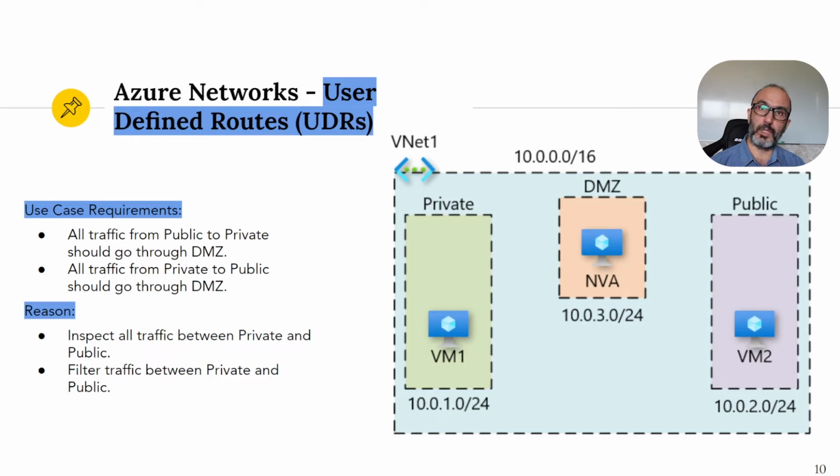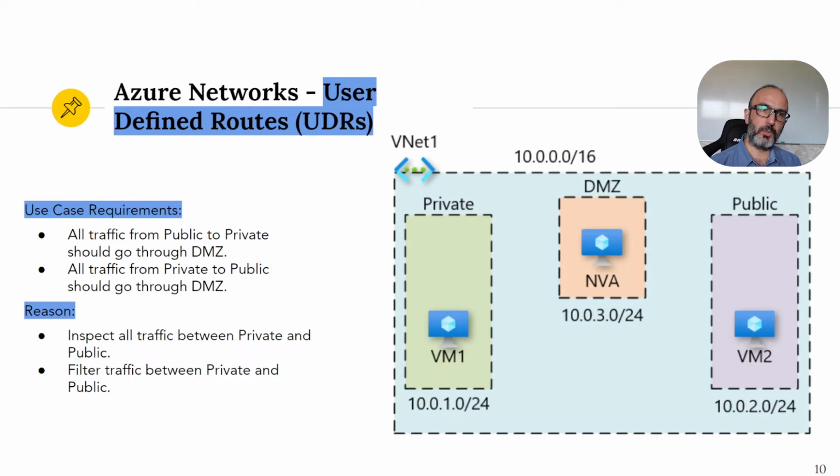We want maybe to filter in the future traffic between the public and the private subnets. So by default, using system routes only, any VM or any other compute resource inside of a VNet will be able to directly talk to the other resource using the system routes.